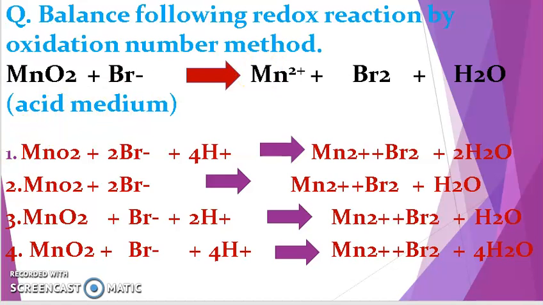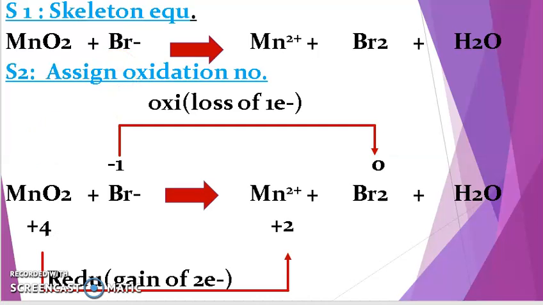Okay, so now we have to check with this particular question. In the question they have given here MnO2 plus Br minus gives Mn2 plus, plus Br2 plus H2O. So the same thing we have to write for the first step, that is the skeleton equation. Okay, so what about the second step we have to follow?